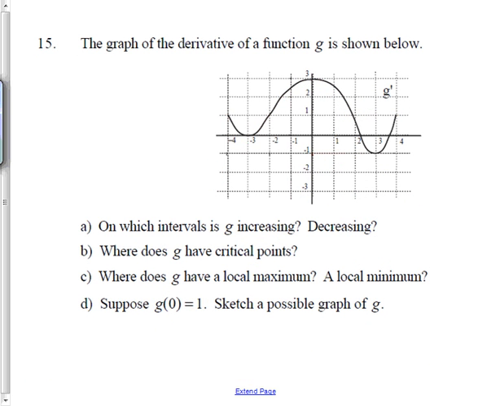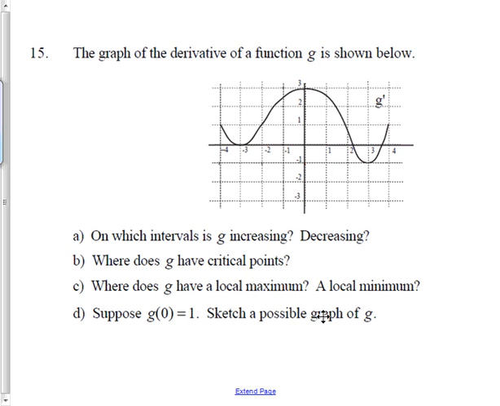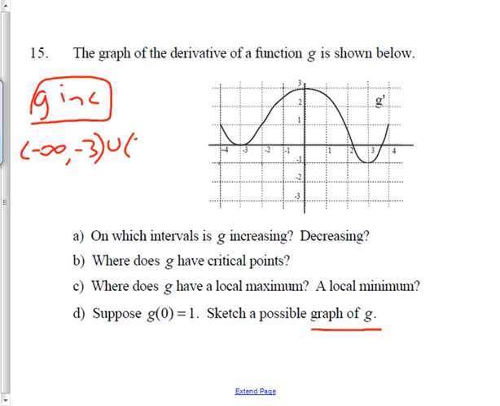So tying this all together so that we can get a graph of g, g is going to be increasing on these intervals, and we did this before, from negative 3 to 2 and 3.5 to infinity.